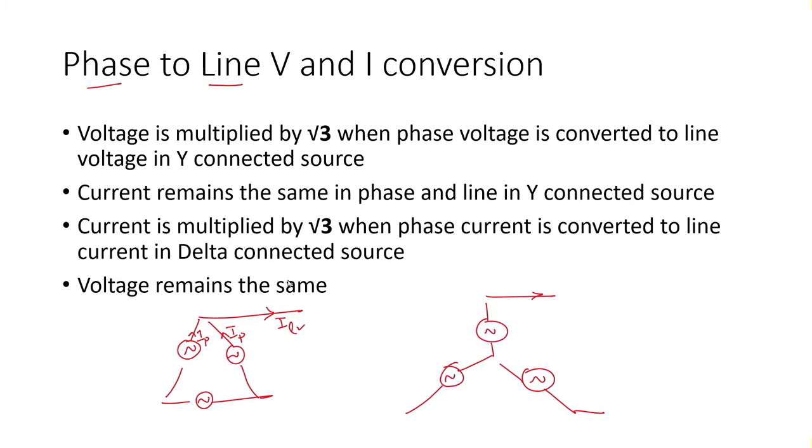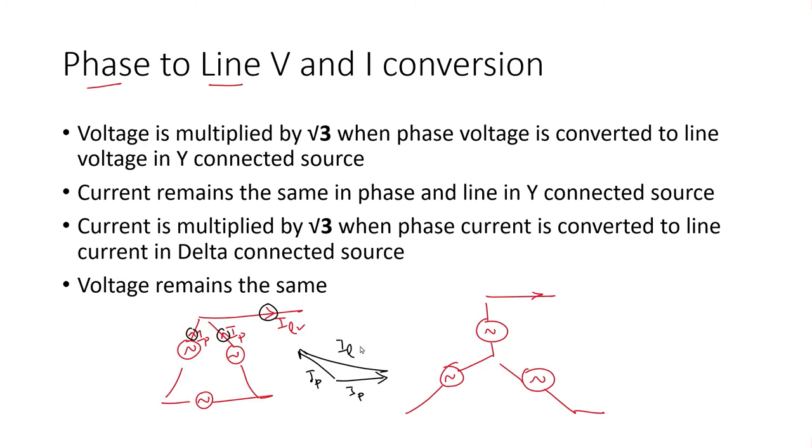As the diagram says, whenever there is a source, the currents inside the source are always emerging, and emerging currents add up. So we can say that IL is the combination of two currents which are adding up. Let's say the first current is this IP, and the second current is at 120 degrees with IP, so the total current would be this one.